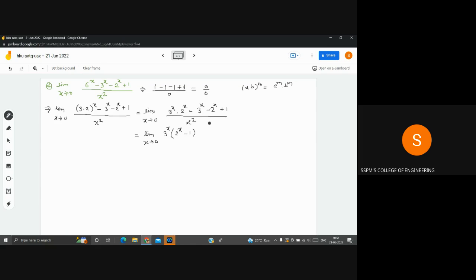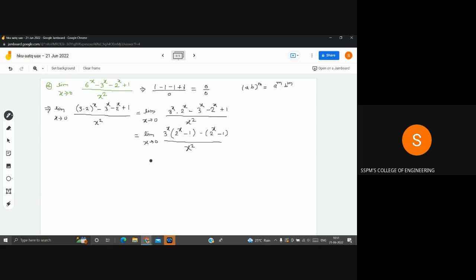Minus 1. From the last two terms, you have to take minus as common so that you get a term similar to the first. So minus times 2 raised to x, minus, and plus 1, upon x square.